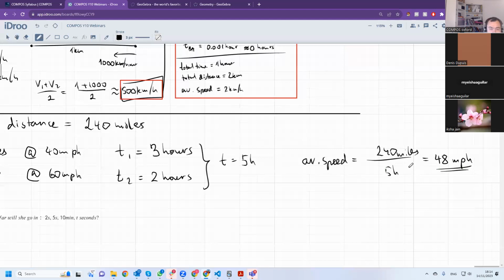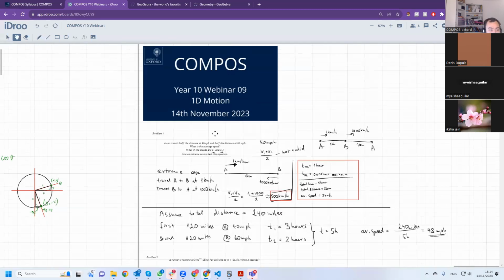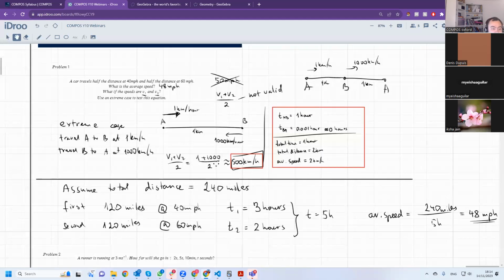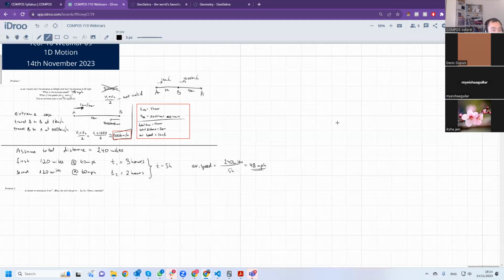Okay, so not far from the 50, but not 50. So the answer is 48. So 50 is incorrect. The average speed is 48 miles per hour. Let's work out the general formula.